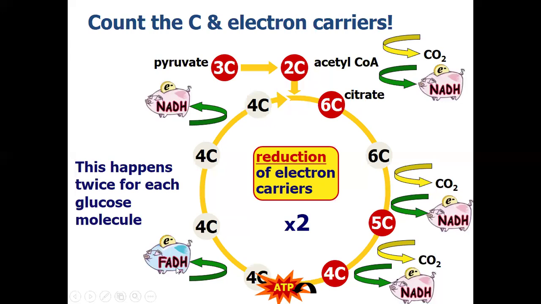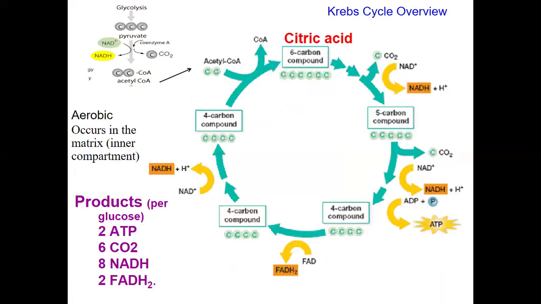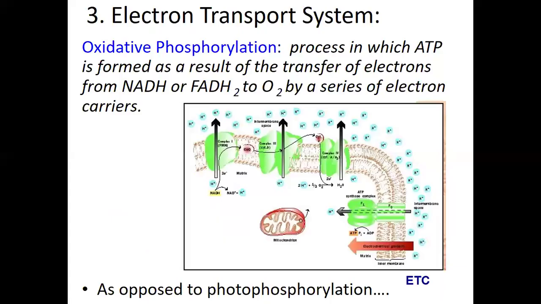You can see FADH2 being produced here, NADH being produced here, NADH here, NADH here. So they are being produced, and some are also being produced from glycolysis.